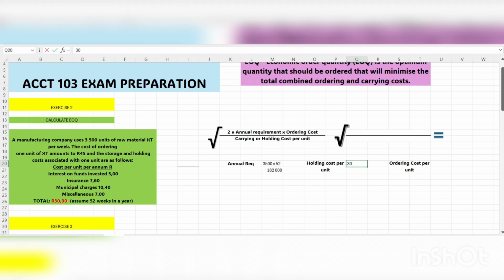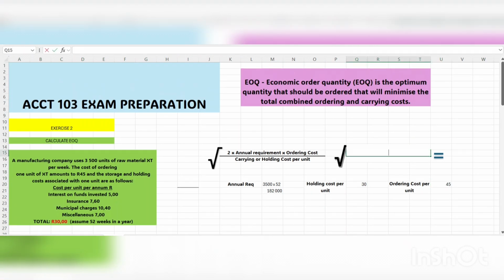And then lastly, it's our ordering cost. If we look at the information that we're given, it says that the cost of ordering is 45. So all we have to do is put that into the formula and see what it gives us.